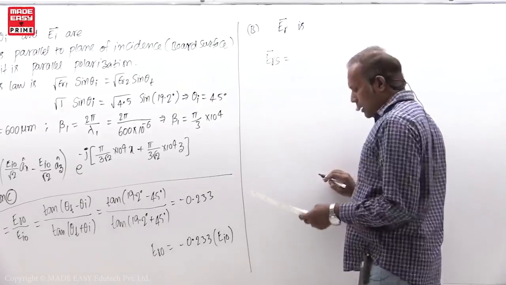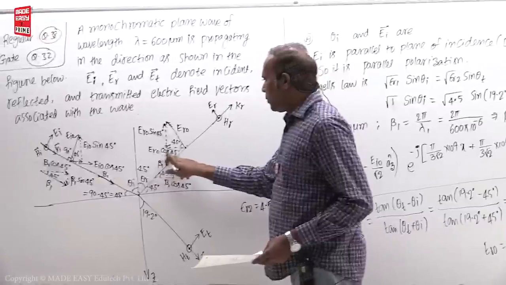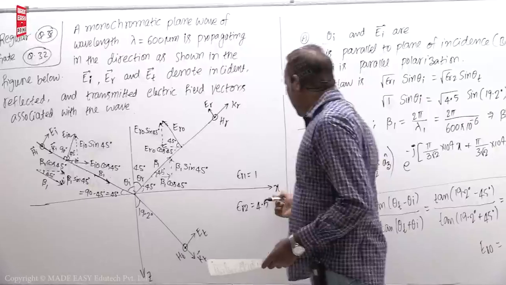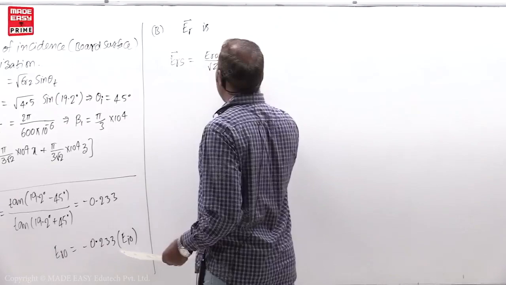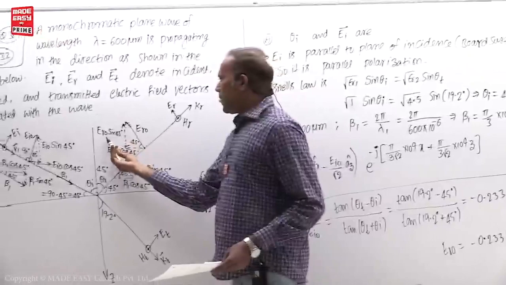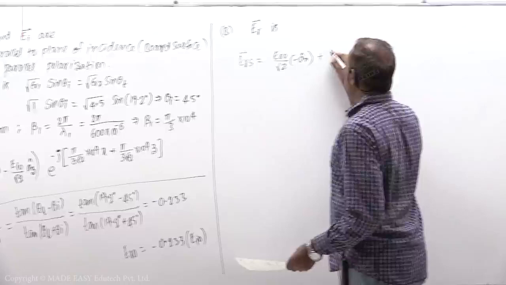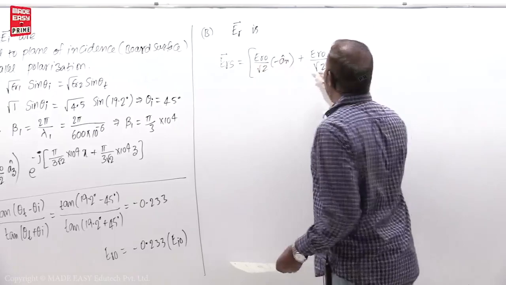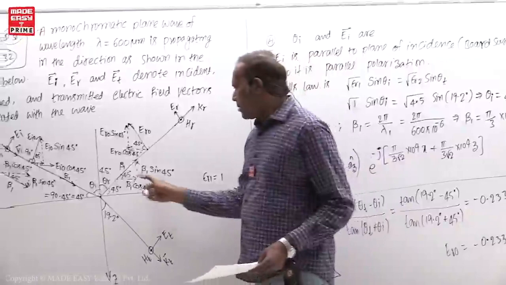Okay. Now let us write ERS in the phasor domain. ERS is equal to, here you can see this is ER0. ER0 into cos 45, that means ER0 by root 2 in this direction, that is minus AX. So ER0 by root 2 into minus AX. Next, like this, ER0 by root 2 into minus AZ. So plus ER0 by root 2 minus AZ. Exponential minus j, you can see the betas here.